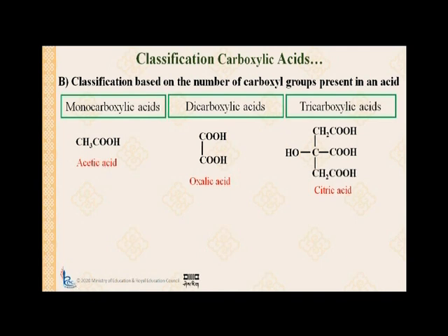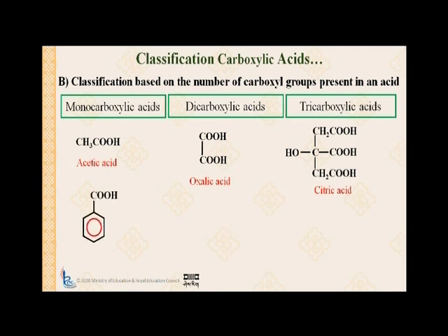Now by looking at the structure of these acids, you can make out why the first one, acetic acid, is known as monocarboxylic acid, and likewise. If you look at acetic acid, there is only one carboxyl group, so it is known as mono. Mono means one. In oxalic acid we have two carboxyl groups, known as di, and in citric acid there are three carboxyl groups, so it is known as a tricarboxylic acid.